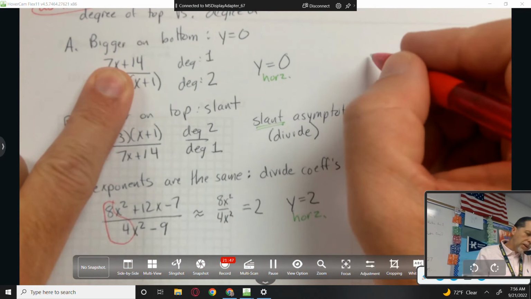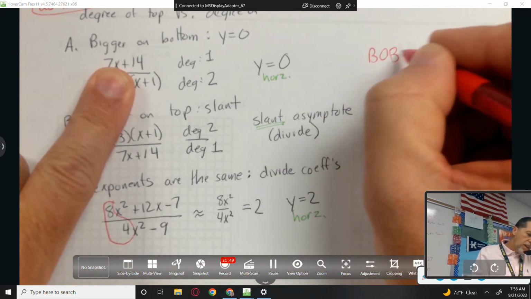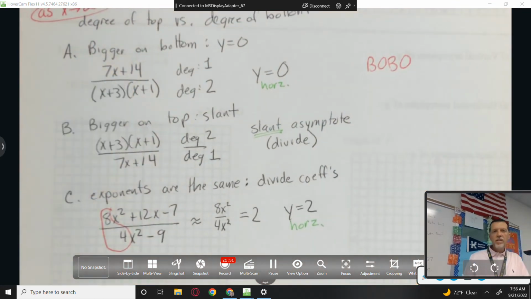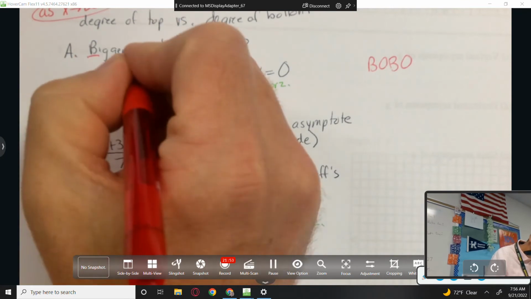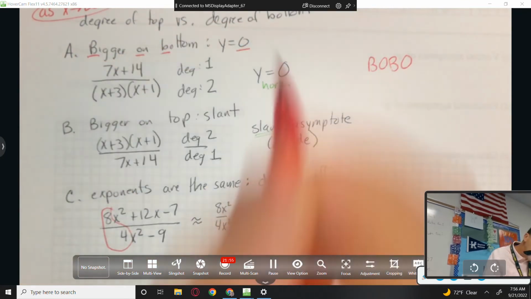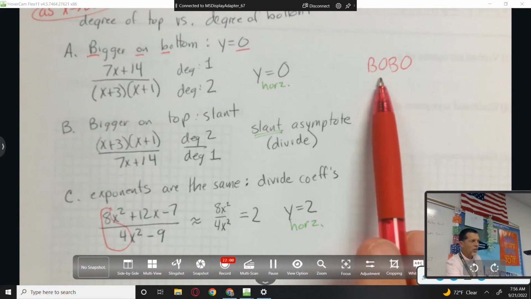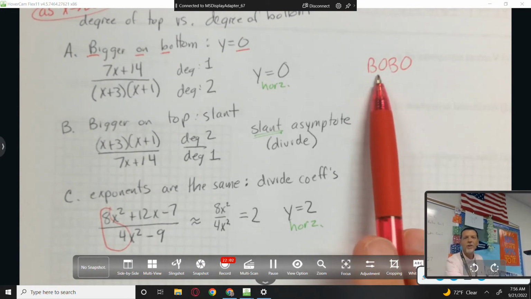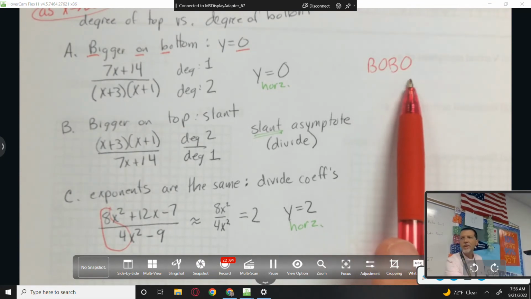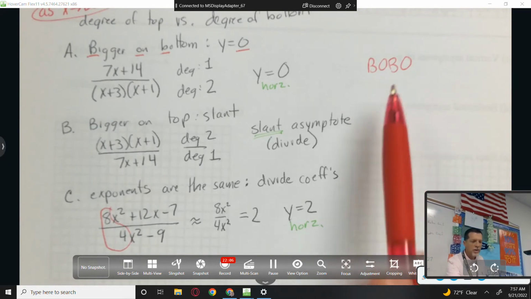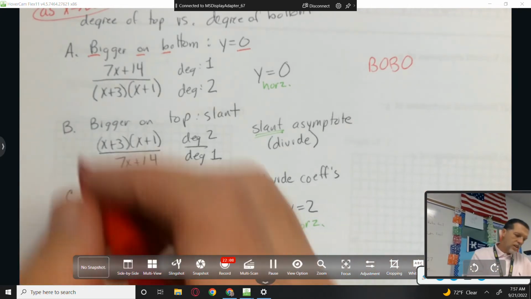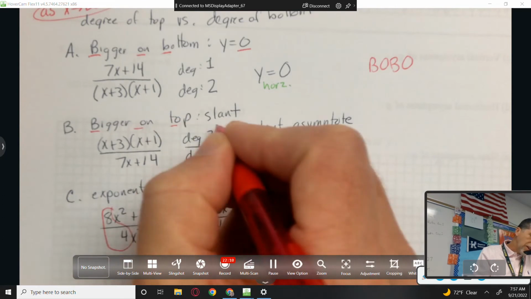Bigger on bottom, you get 0. Bobo, bigger on bottom, 0. That's a little bit confusing because the first O is the letter O, the second O is a 0. So Bobo, bigger on bottom, y equals 0. Bigger on top, you get a slant.